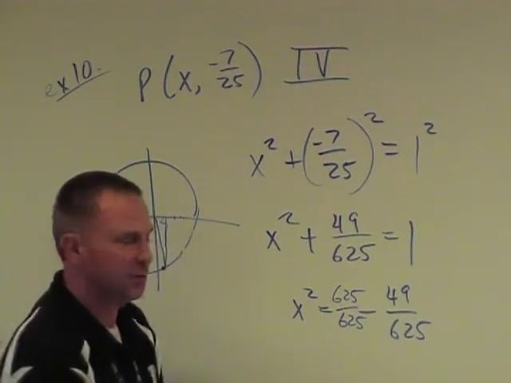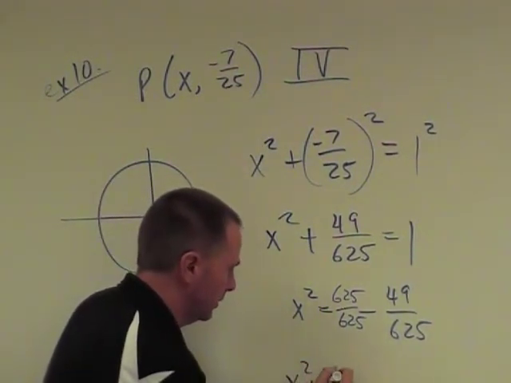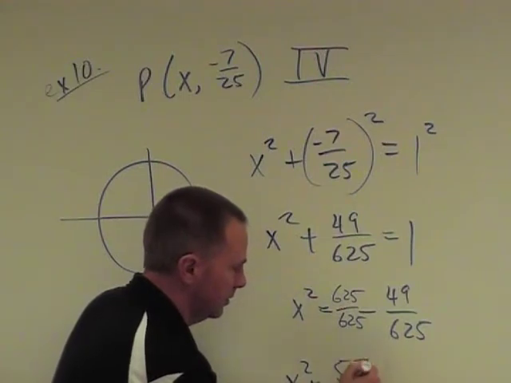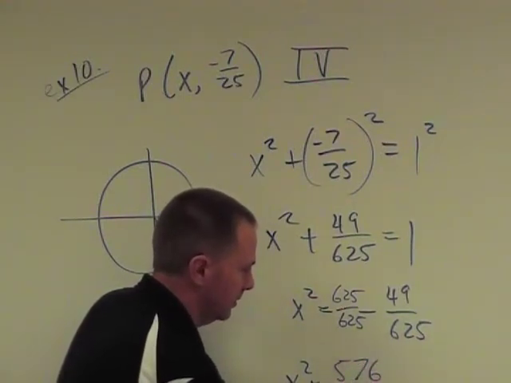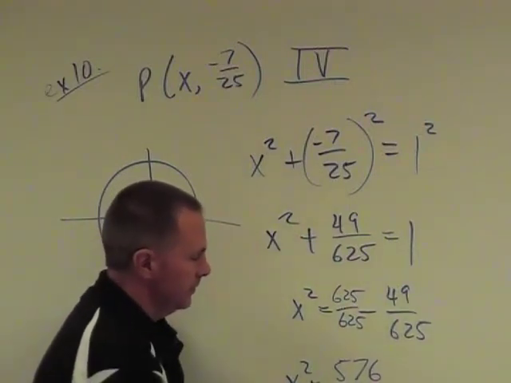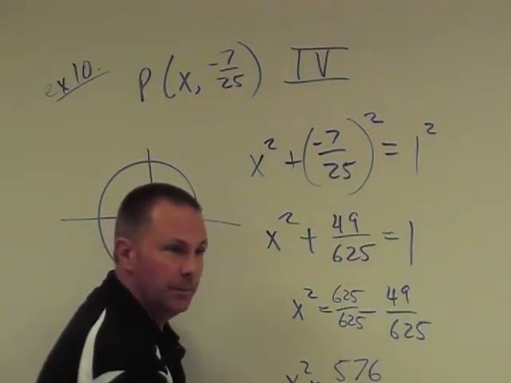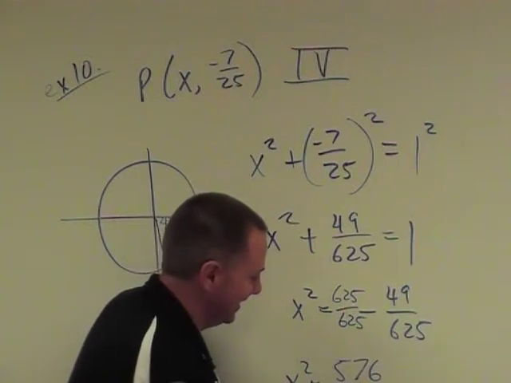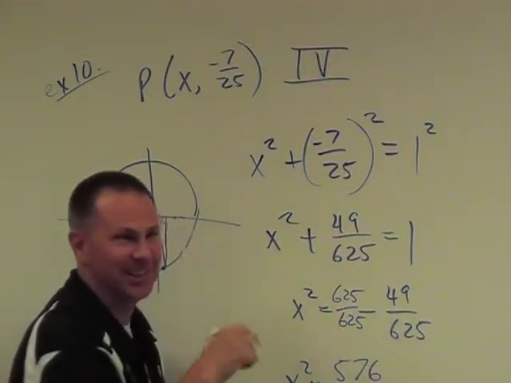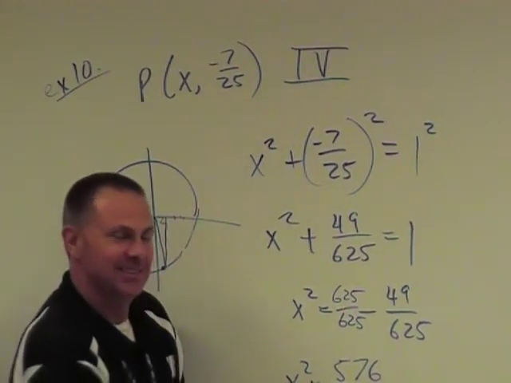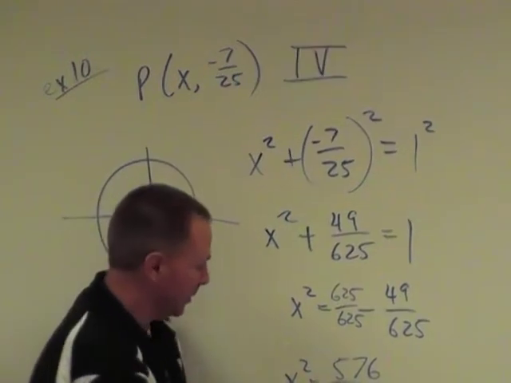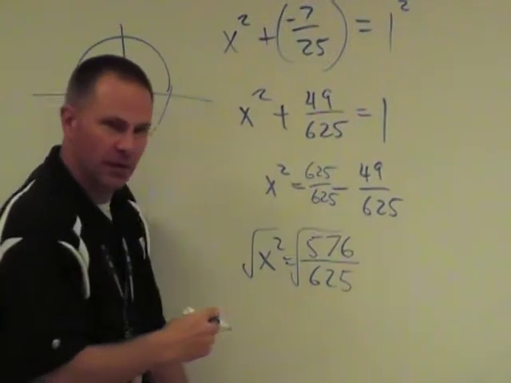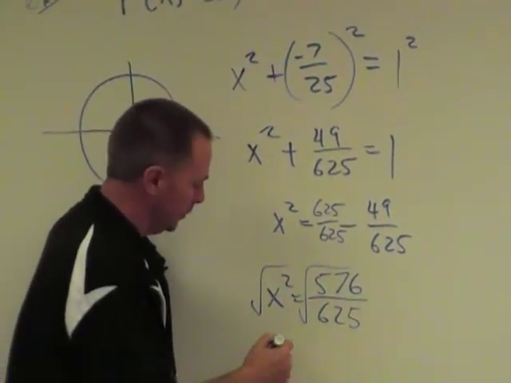What's 625 minus 49? Now what? 576. Okay. What do I do? Square root. Take a square root.